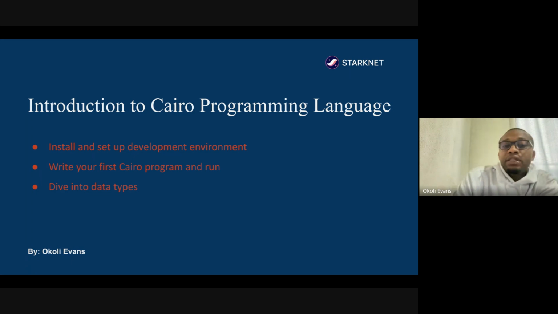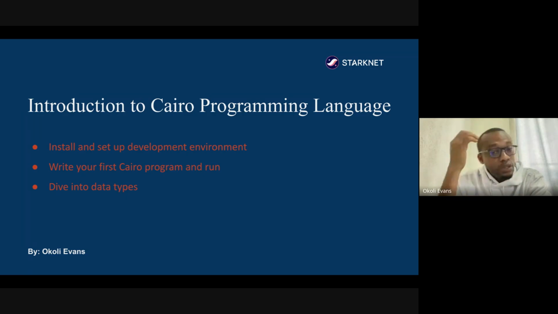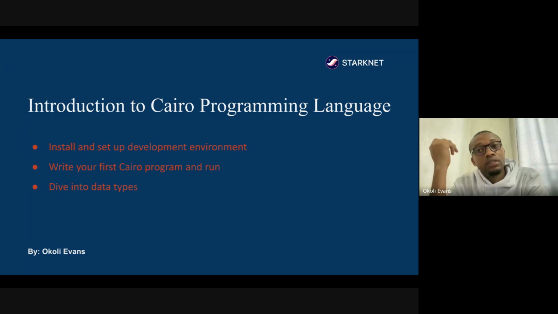In the last class, I mentioned that if you understand Rust, it will be easier for you to follow up with Cairo. It's almost the same in terms of memory management, in terms of ownership. That's what we call ownership in Rust, ownership also in the Cairo language. So yeah, let's get started.